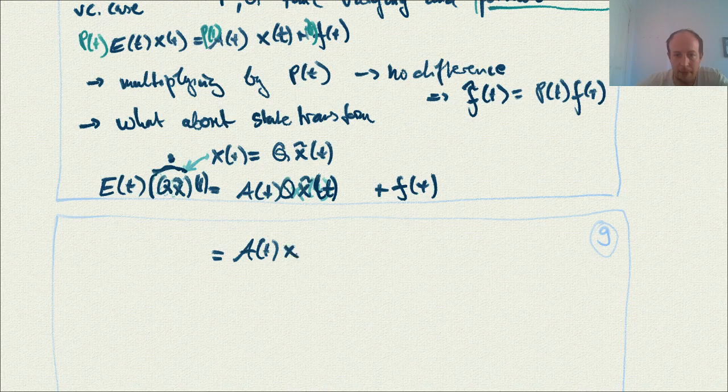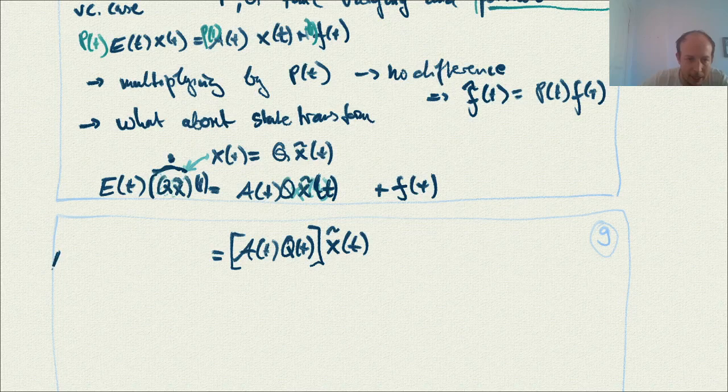Okay, and then this here simply gives A of t Q of t. Let's keep this together as this one new matrix, times x tilde of t. So this is more or less the new coefficient here. But here we have a derivative, because this is now a product of time-dependent functions.